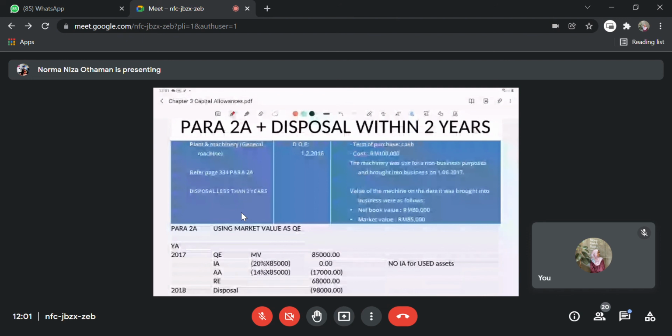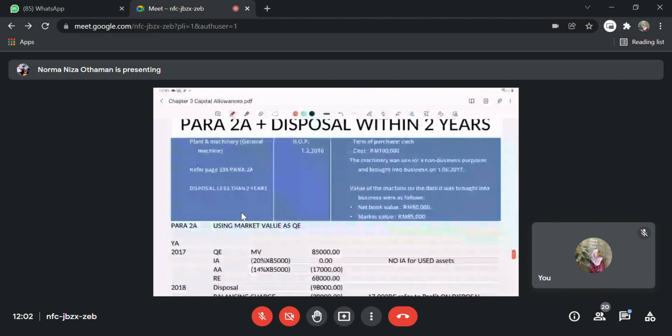Right. So dekat sini sama juga macam mana kita nak buat. You kena first nak tentukan year of assessment yang pertama dahulu. So macam mana nak tentukan year of assessment yang pertama? Look at the date of purchases. Okay. So bila you tengok date of purchases, dia bagi 1/2/2016. So ni sambungan daripada tadi dia tutup on 30 June, dia open on 1st July.